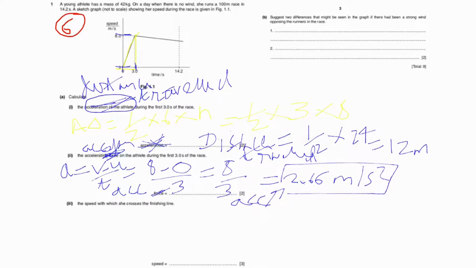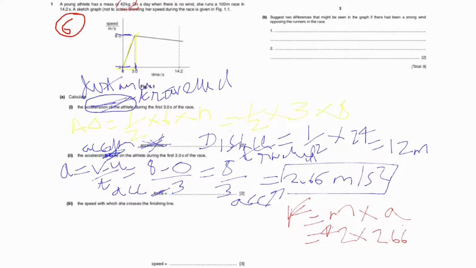Okay, so now we can find force also. It is not difficult. You know the force formula, F equals ma. So force equals mass into acceleration. Mass given here is 42 kg in the question, and acceleration we just found out to be 2.66 meters per second square.